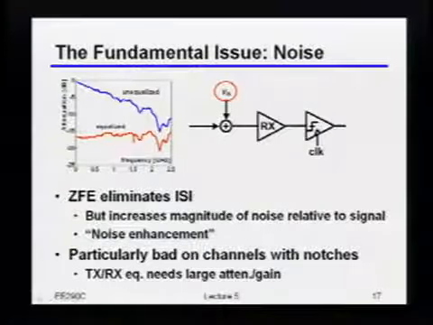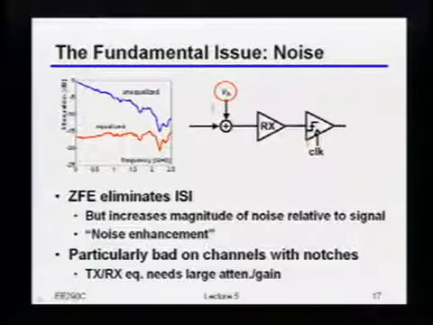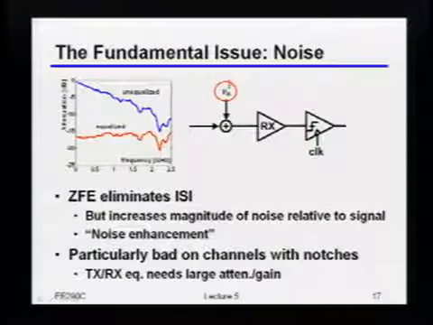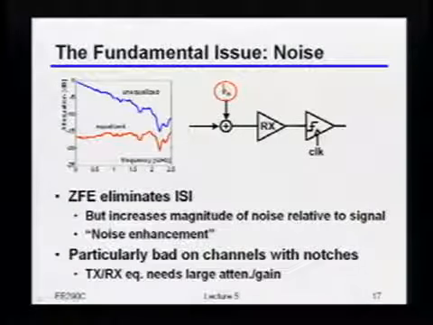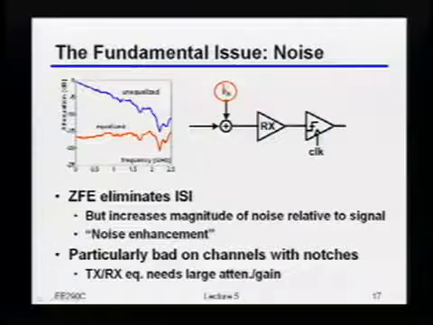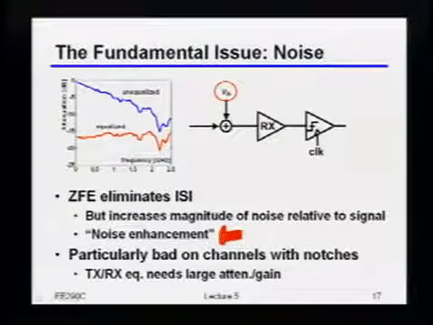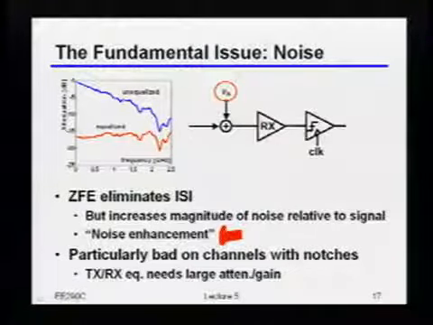And if I take a smaller signal and feed it into my receiver, then of course that smaller signal relative to the noise will have worse SNR. So this is fundamental to doing equalization, at least linear equalization. It's so fundamental that people have a term for it. It's called noise enhancement. Anytime you do equalization, you're always going to be enhancing the noise relative to your signal.